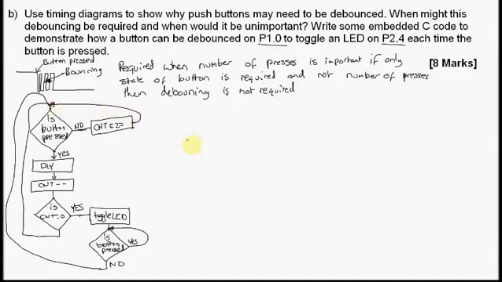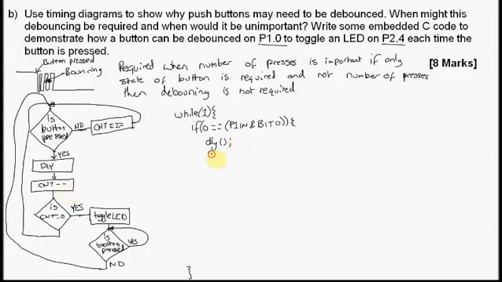Okay, let's put that in the form of some code. So we're going to be looping forever, so we'll say while 1. First thing, is the button pressed? So we say if 0 is equal to P1IN ANDed with bit 0. So is the button pressed? If yes, we delay. So we'll call our delay.